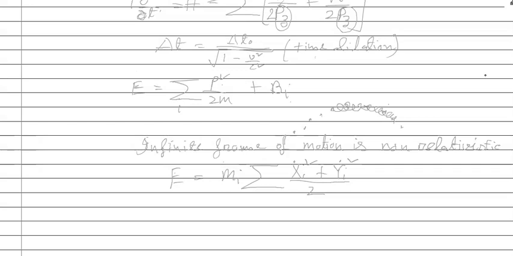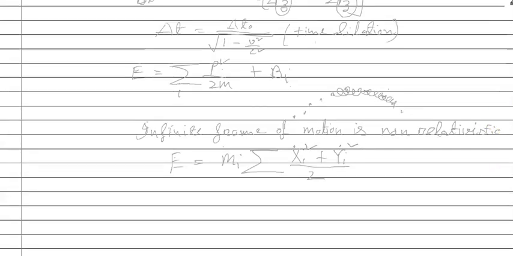So E equals m times the sum of x_i dot squared divided by 2, plus k times (x_i minus x_{i+1}) squared divided by 2.